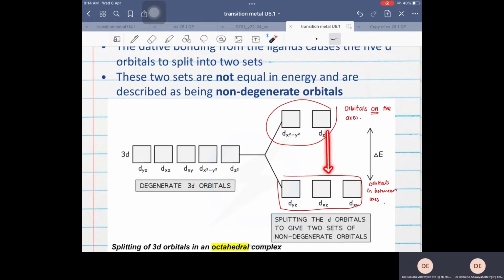Because they are arranged in terms of energy, right? Lower energy, higher energy. The difference between that is called delta E. We will look at delta E later to explain why a certain color is seen. Why do we see blue? Why do we see red?